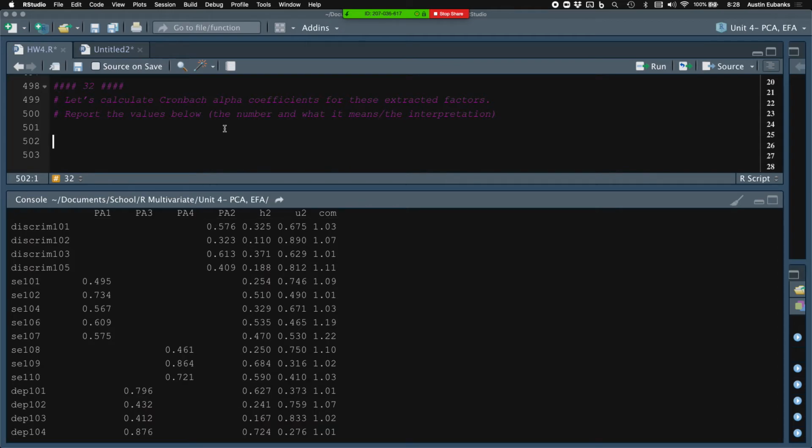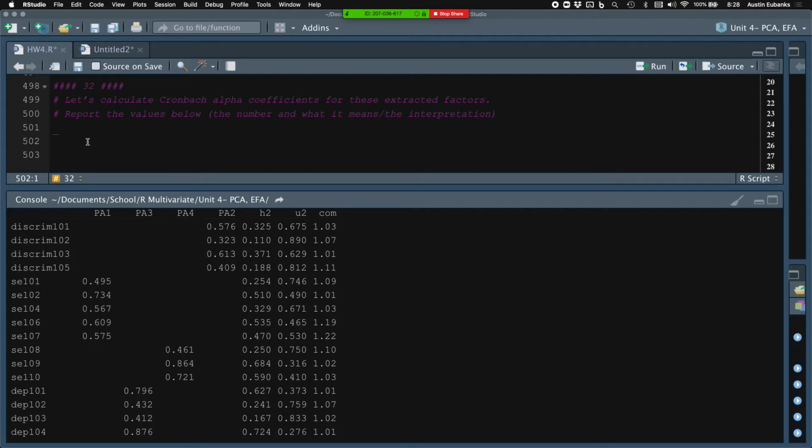As Anna was just saying, you could think of this as being the N-back and the digit span and like four separate tasks, where you would think that being high on one should be high on the others, being low should be low on the others. But if somebody's high on Descrim 101 and 102 but low on 103 and in the middle on 105, then it's a question of, are they really capturing the same thing?